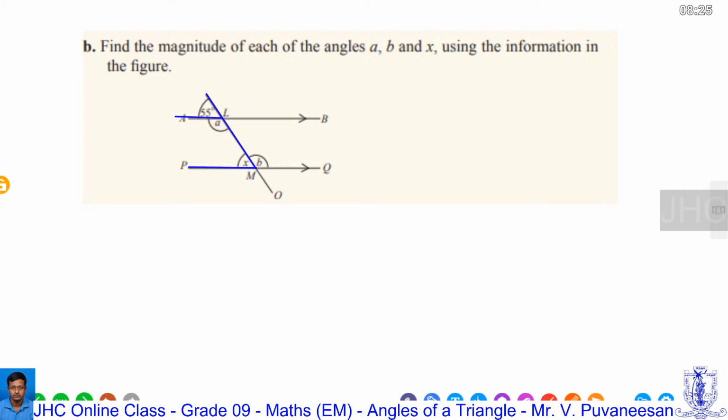Here, there is a corresponding angle, F format. So, X is equal to 55, corresponding angles.